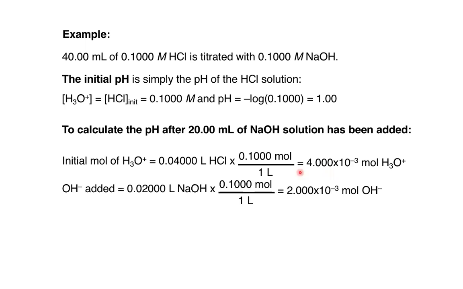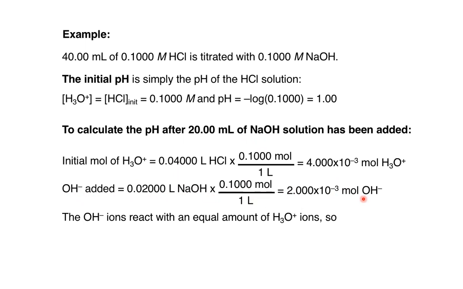added. So the sodium hydroxide dissociates totally into Na+ and OH- ions. Total dissociation happens. So OH- added is equal to 0.02 liters of sodium hydroxide times 0.1 moles per liter, as the concentration of that, sorry, is equal to 2 times 10 to the minus 3 moles of OH-.